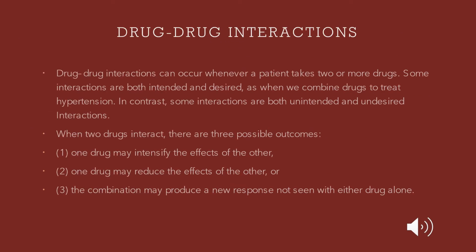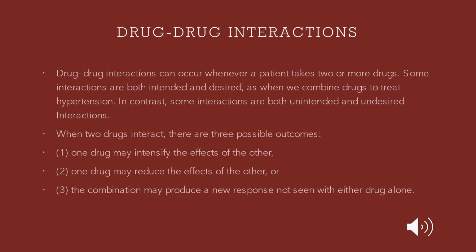Drug-to-drug interactions can occur whenever a patient takes two or more drugs. Some interactions are both intended and desired, as when we combine drugs to treat hypertension. In contrast, some interactions are both unintended and undesired.